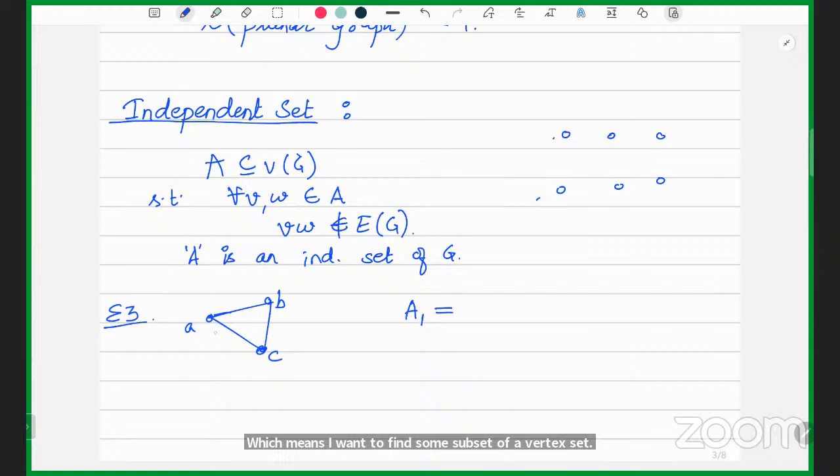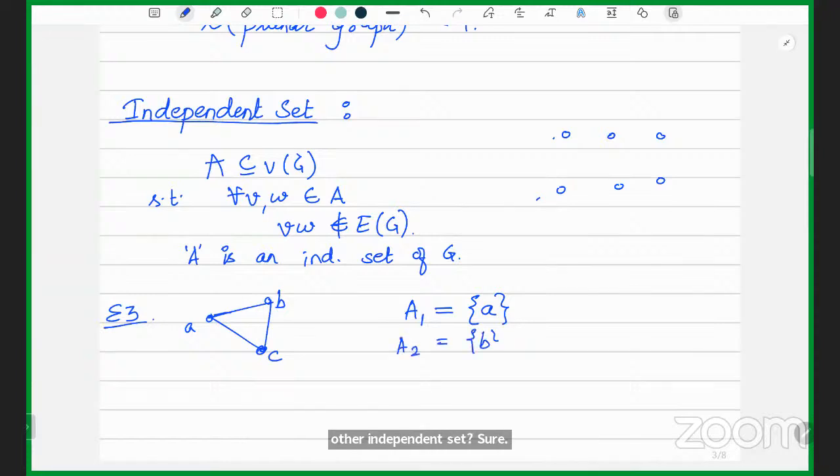If I take A, can I put B? No, it's adjacent to A. Can I put C? No, again same problem. So the independent set is just this. Any other independent set? Sure. By symmetry, I know singleton B and singleton C are also independent sets.